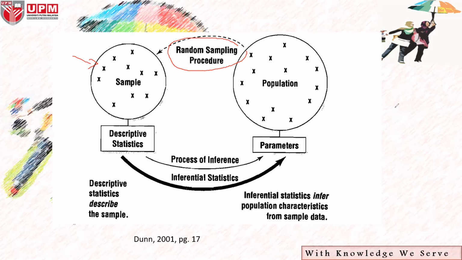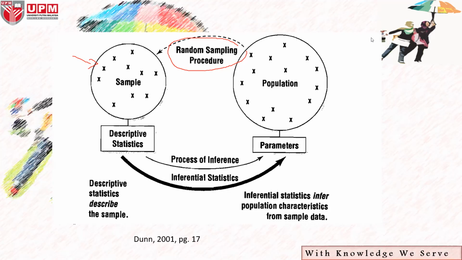What is an example of random sampling? What is random? Is it when I stand at the gate of the house and anybody who crosses me that day, I share my questionnaire? Does that mean it is random?